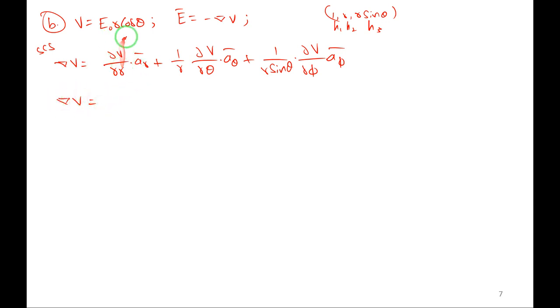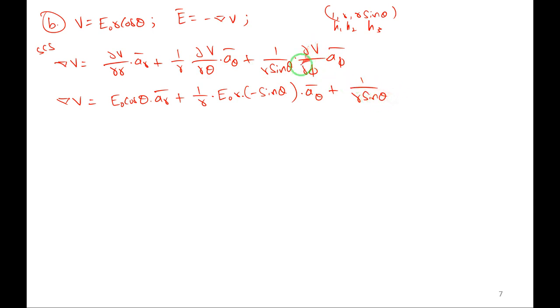So with respect to R we have to calculate, right? So first differentiate with respect to R. E naught cos theta is constant, so this will be 1, into AR. Plus 1 by R into differentiation with respect to theta. E naught into R is constant. Differentiation of cos theta is minus sin theta, into A theta. Then plus 1 by R sin theta, as it is.